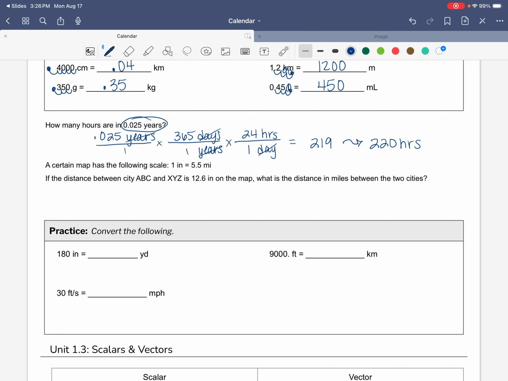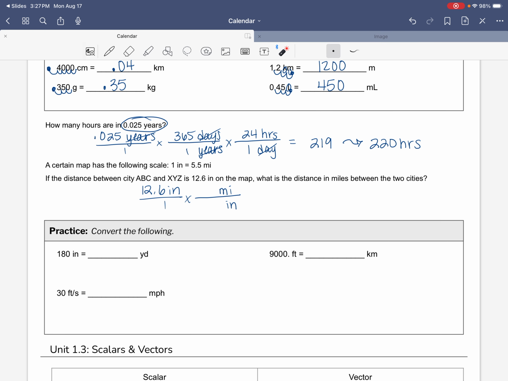So we're going to start with what we were given. The distance on the map is 12.6 inches over 1. Because I'm in inches, I have to drop that down to the denominator, and I'm trying to go to miles. So I'm going to plug in the conversion factor, the scale that they gave me here.